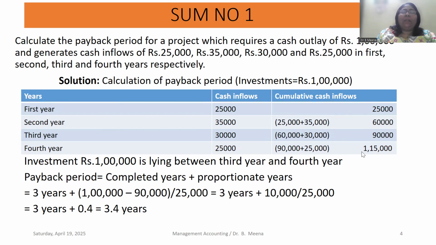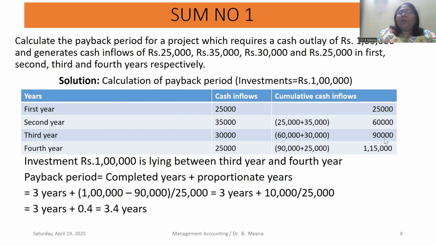So once you calculate the cumulative cash inflows, we check what is the investment that people are making. That is 1 lakh as per this problem. So look at the cumulative cash inflow column, the third year. Within the third year itself, I'm getting 90,000 out of 1 lakh. Again, I'm repeating, the investment is 1 lakh.